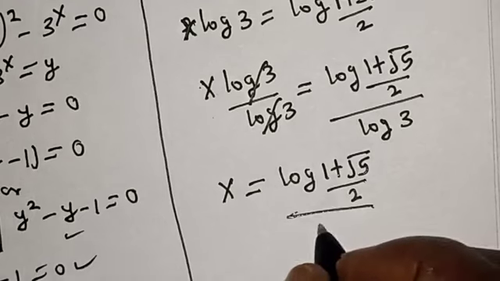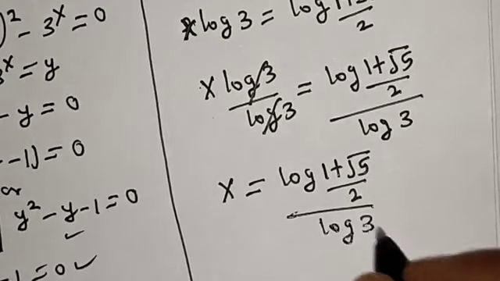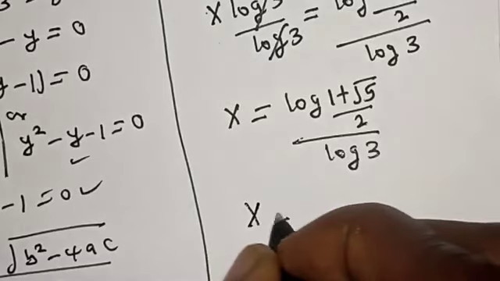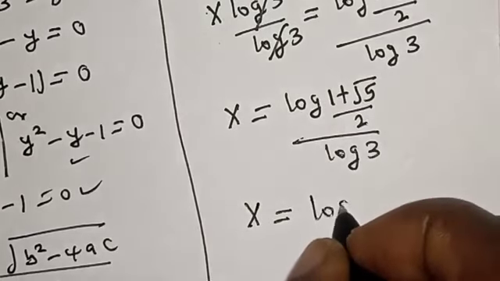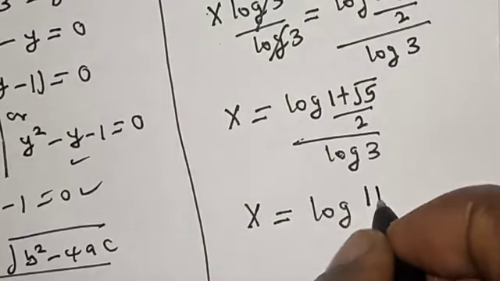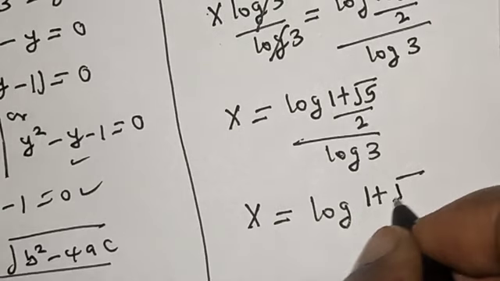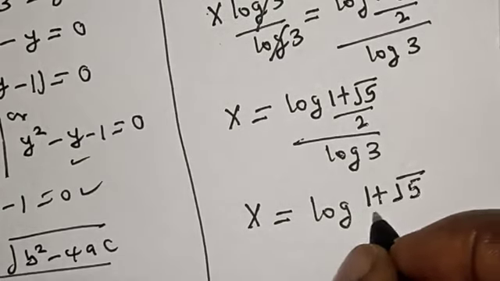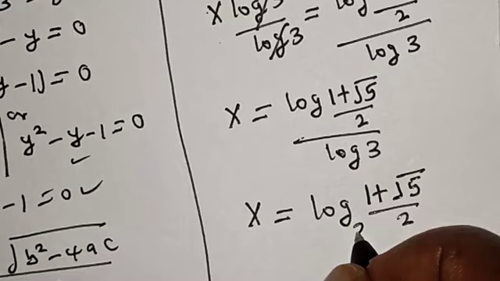divided by log 3. s is equal to log of 1 plus root 5 over 2 base 3.